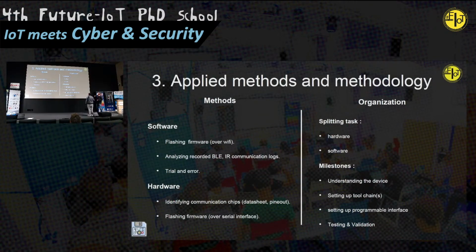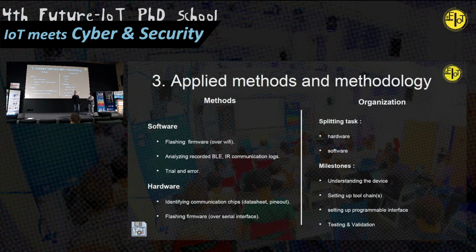Okay. So the methods we were using: we were looking into flashing different firmwares. We had this infrared controller which could pick up the signals of the remote control, but to use it that way, we had to flash a new firmware.